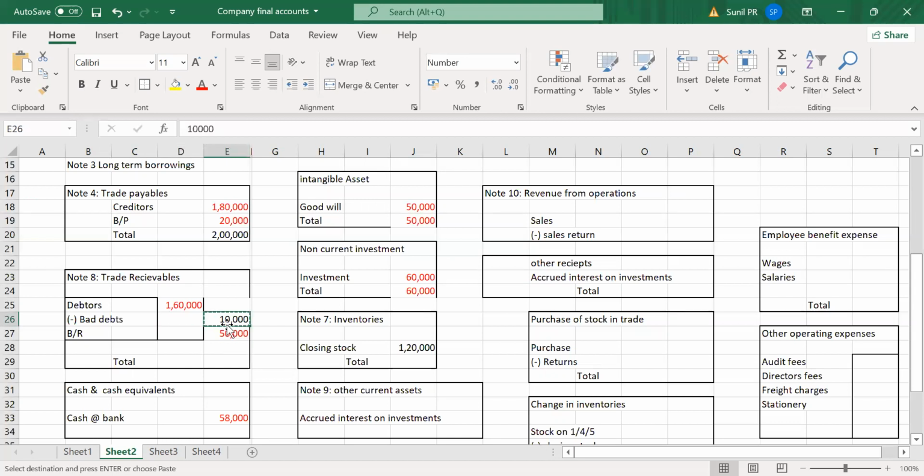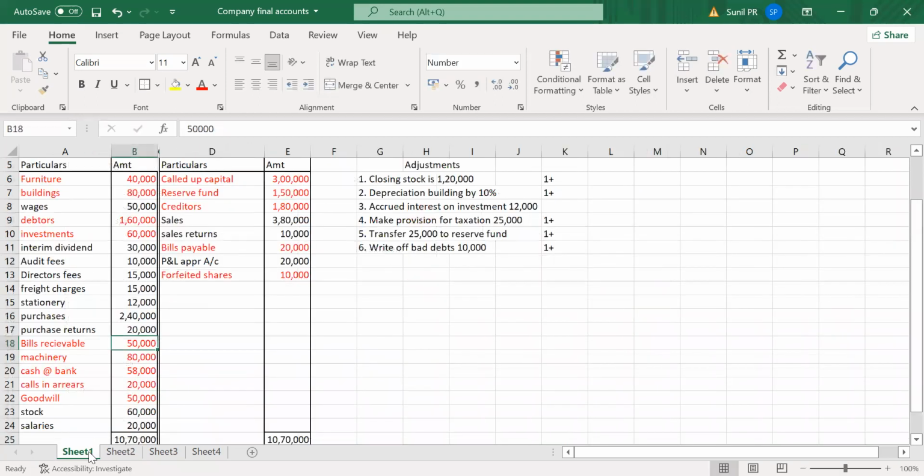One second. You just do it like this. First, you write bad debts in the inner column. So 1,60,000 minus 10,000, debtors will be 1,50,000. Next, bills receivable is 50,000. So total will be 2 lakh. So we have done this. Next, cash and cash equivalents is also over. Then note number 8 is over.